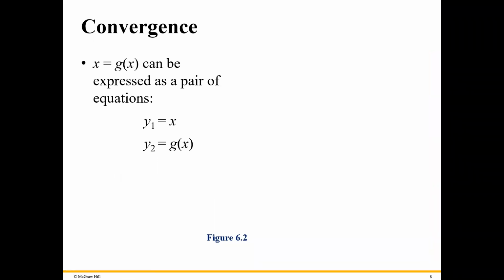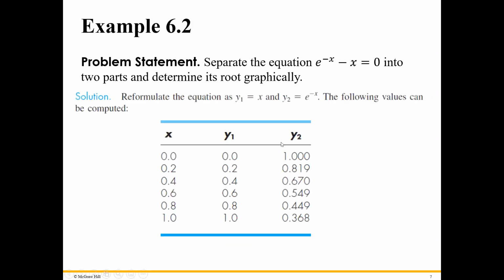You can see in the previous slide as well, we can calculate these two functions at various values of x, starting from 0, 0.2, 0.4, 0.6, 0.8, and 1. For each of these values of x, we can calculate y1 and y2. As x increases, y1 increases, and as x increases, y2 decreases from 1.